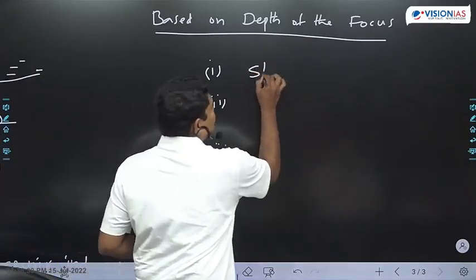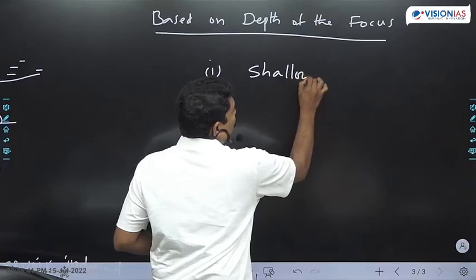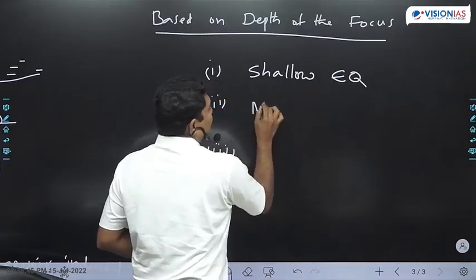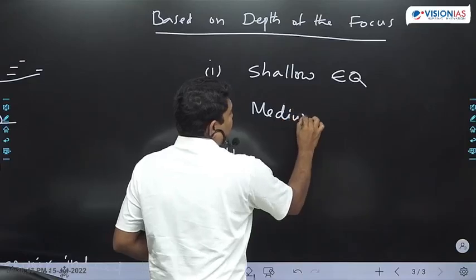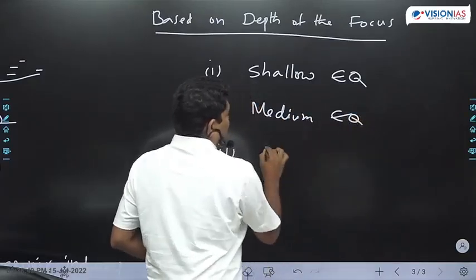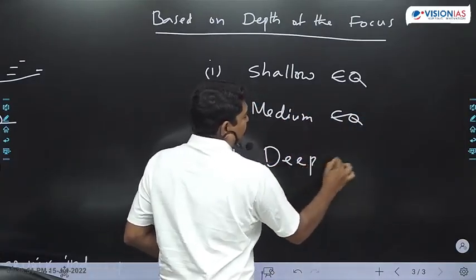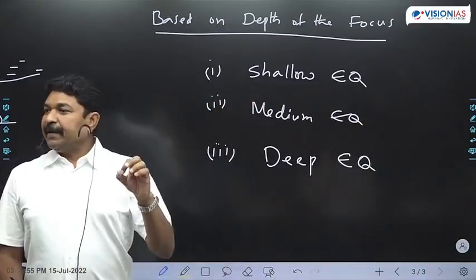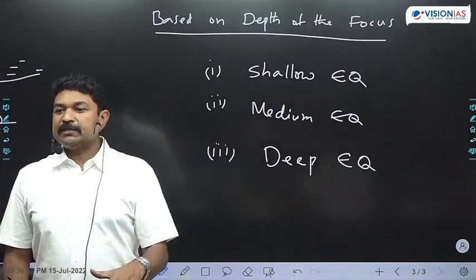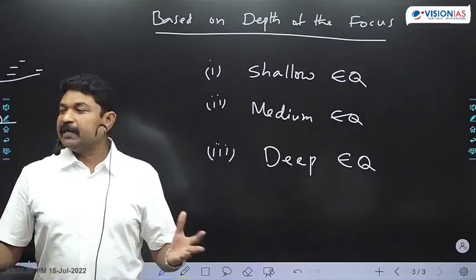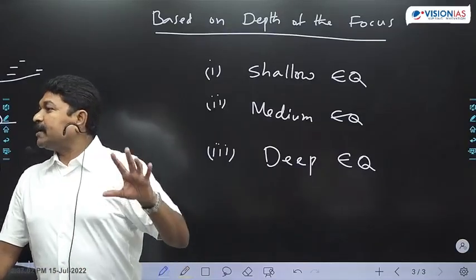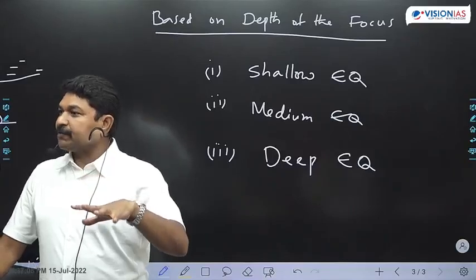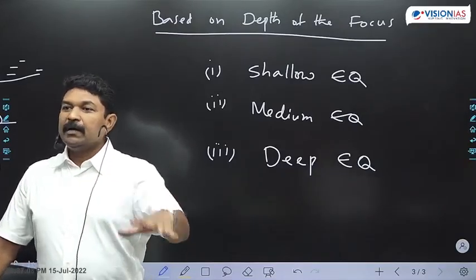One is called shallow earthquake. The next one, medium earthquake. The last one, deep earthquakes.